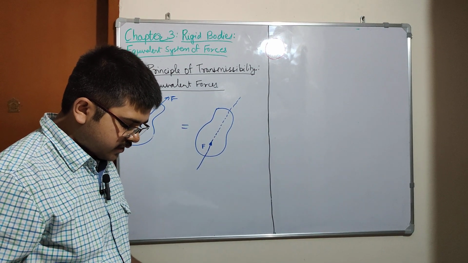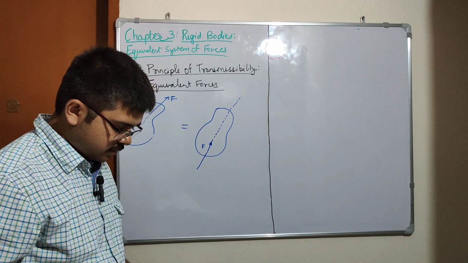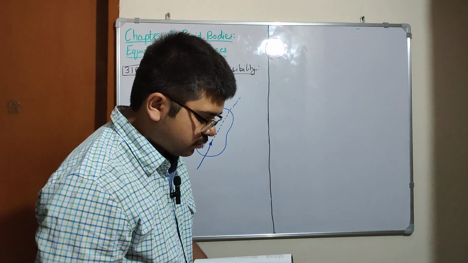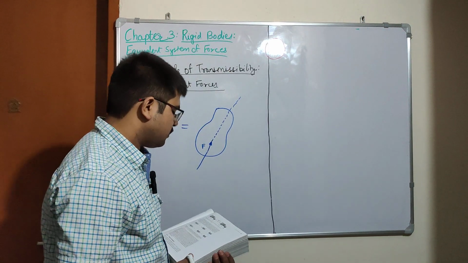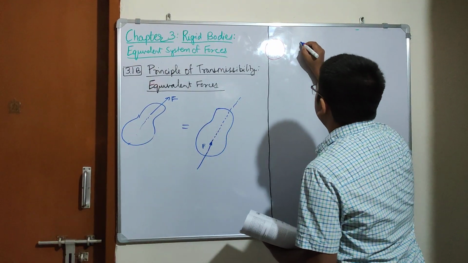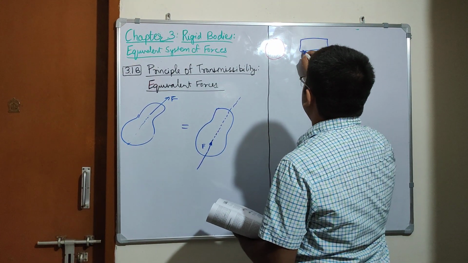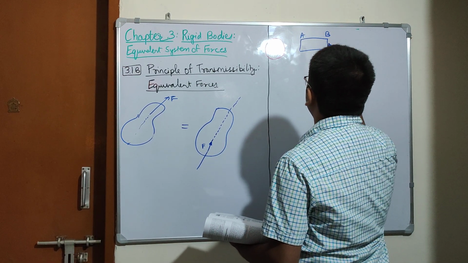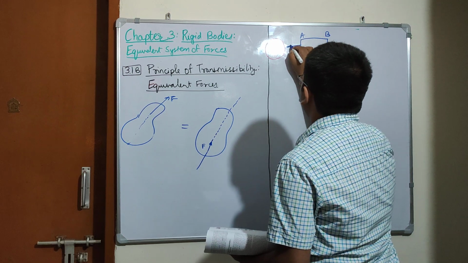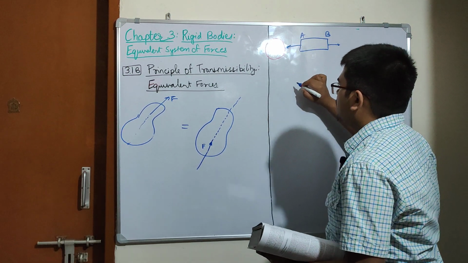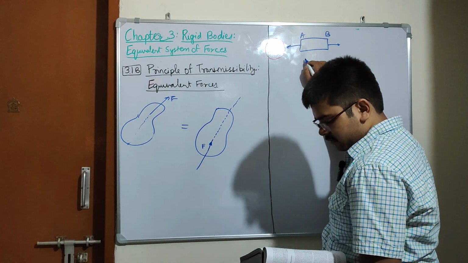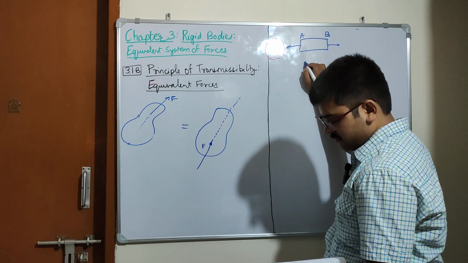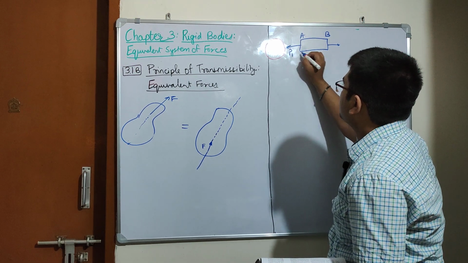But the principle of transmissibility has some limitations. Suppose we have a bar AB here, and P1 and P2 are acting here.